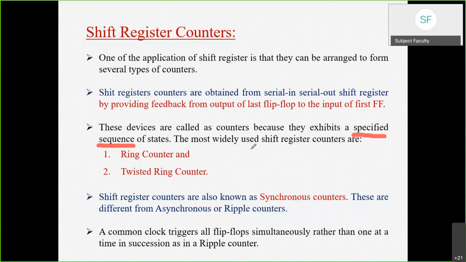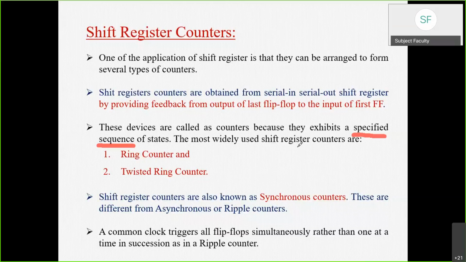So these clock pulses will not be counted by your device. On the other hand, this counter will exhibit a specified sequence of states. We will see that after a while. So this is basically the difference between asynchronous and synchronous.